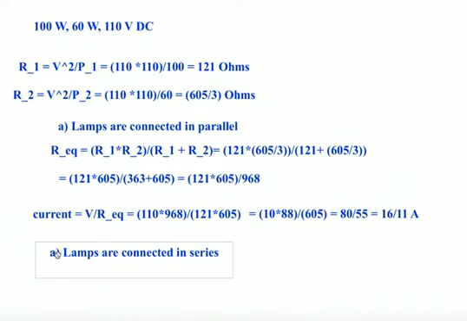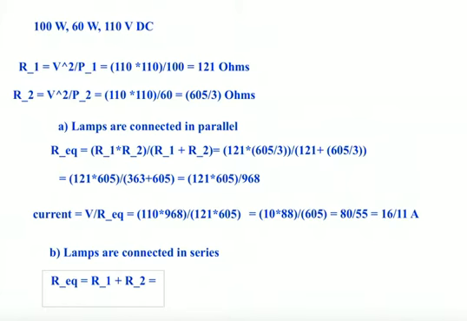So what is R equivalent when they are connected in series? R equivalent is nothing but R1 plus R2, that is 121 plus 605 by 3.